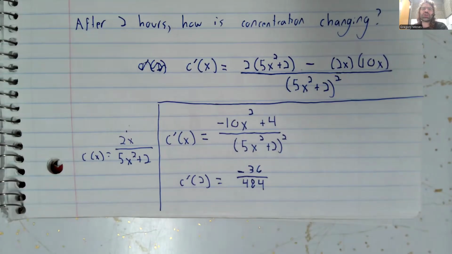For word problems, I usually give decimal answers. You should have already seen this in the quizzes, right? I asked you to give your answers as decimals, rounded to however many decimal places. So let me just real quick, 36 divided by 484, 0.074.